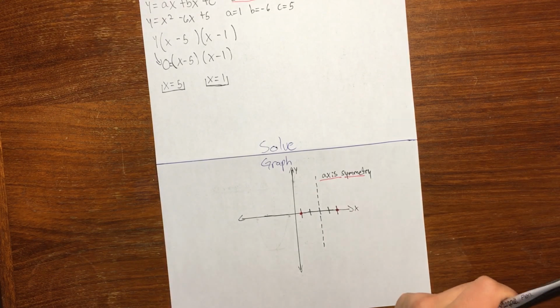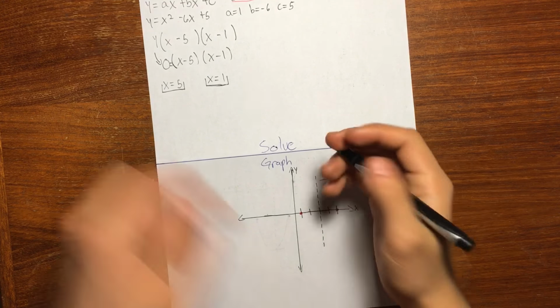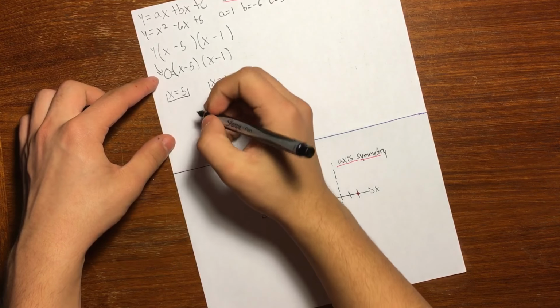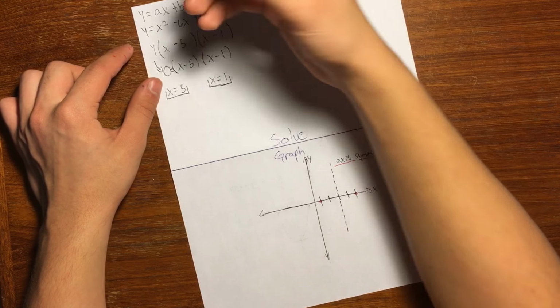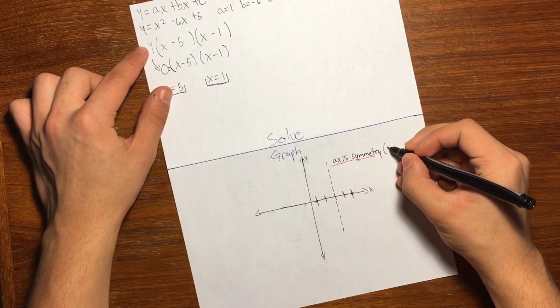With the axis of symmetry, we'll be able to find the vertex of the graph. The vertex is essentially the lowest or highest point of the graph. So we have to find this right now. In order to do that, we replace the x with a 3, which is the axis of symmetry.